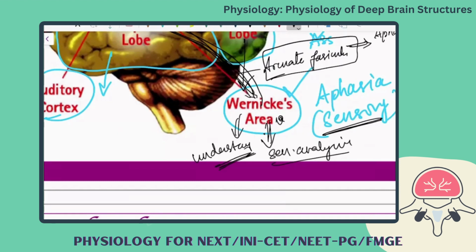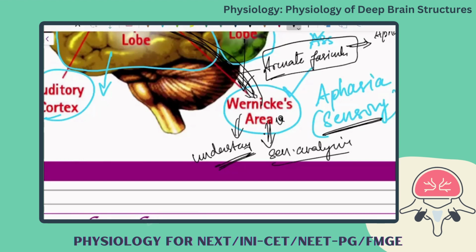Instead, if the frontal lobe is affected, Broca's area is affected. But if Wernicke's area is affected and you ask them, hello, what is your question, he will tell you, I saw you 2 days before, I saw you on that day. Something irrelevant answer he is giving. In the sense, Wernicke's area is not good. It is affected. He does not have the sensory signal.